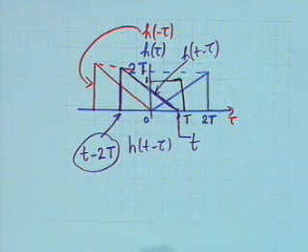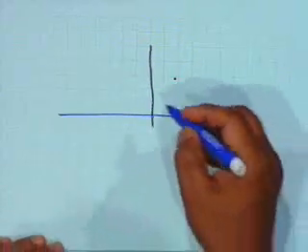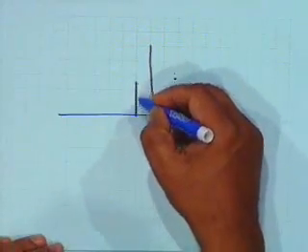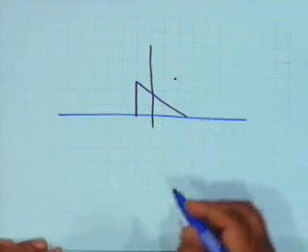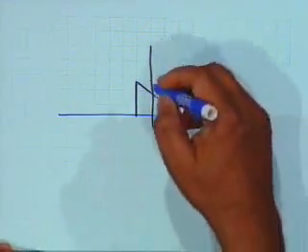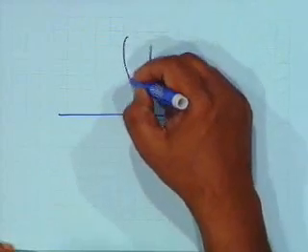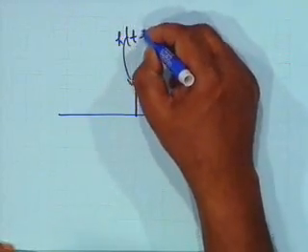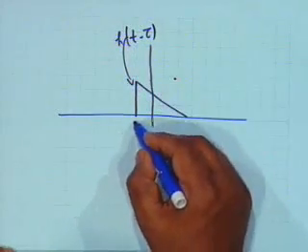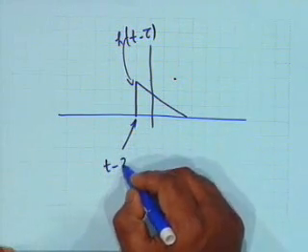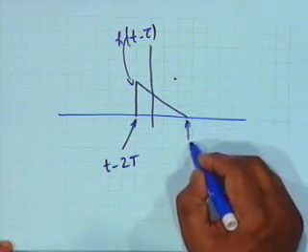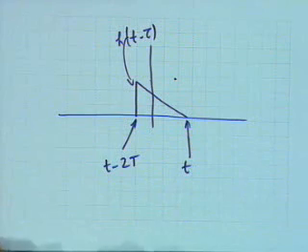The figure has become complicated, so let's take it to the next figure. Let's draw it again. I want to show a typical h t minus tau. This is h t minus tau. This is small t minus 2T, and this is small t.